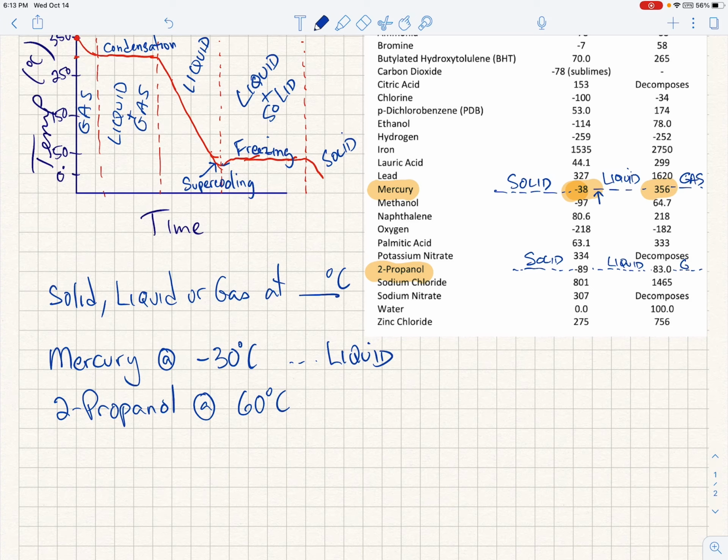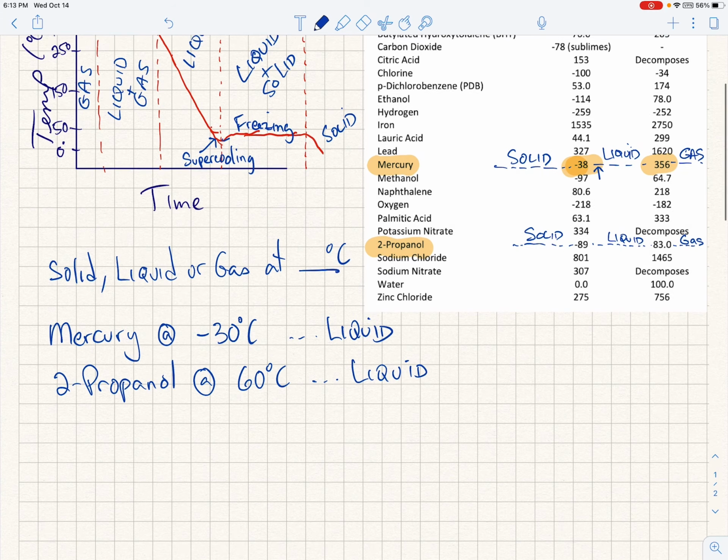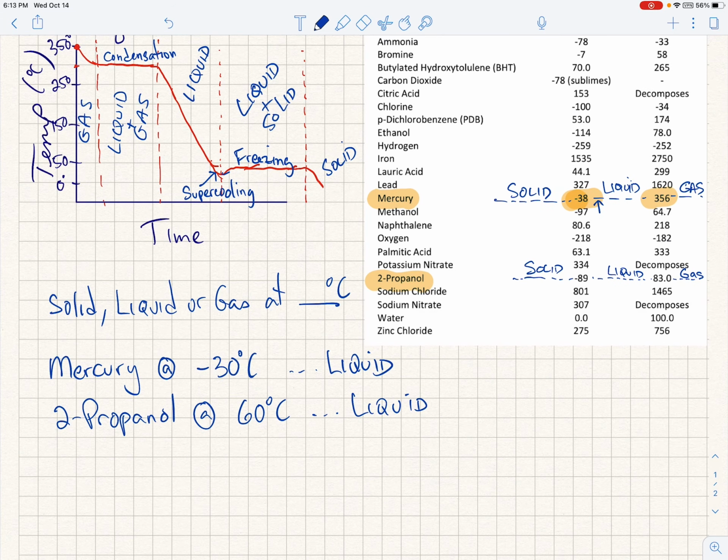And at any temperature above 83, it would be a gas because it's boiled. 83 is the boiling point. So 60 degrees is in that middle section between -89 and +83. So like the mercury at -30, this one would also be a liquid, but this time at 60 degrees Celsius.